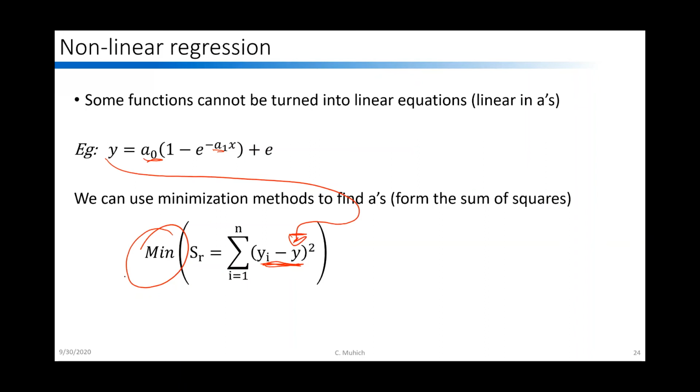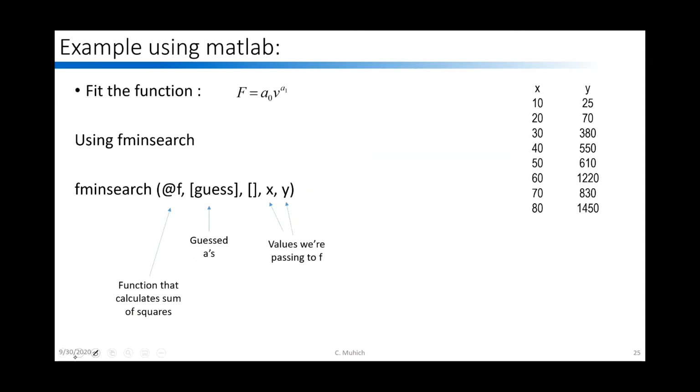Hopefully you've remembered your minimization techniques from our second unit. This is where this is going to come in handy. So what we're going to do is first fit a function, and we're going to use, in this case, fminsearch, right? So remember, fminsearch combined the different good things about the parabolic method, iterative methods, and the golden search algorithm, all wrapped into one.